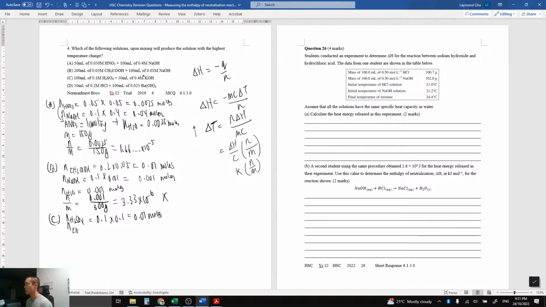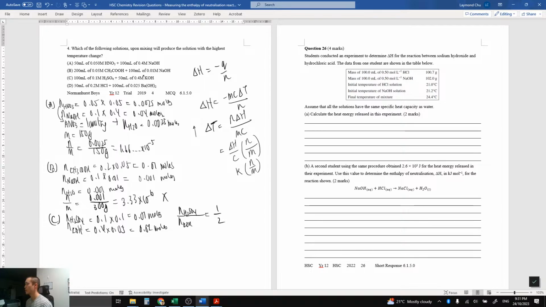Moles of KOH equals 0.4 times 0.05, 0.2. Again, this one has no limiting reagent because we got 1, 2, 2.